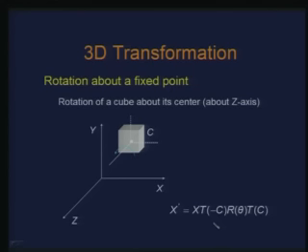Now, let us move on to a slightly more complex scenario, where I would like to have the rotation about an arbitrary axis. So far we have seen rotation about the coordinate axes. Let us say I want to perform rotation about an arbitrary axis. How would I do it?